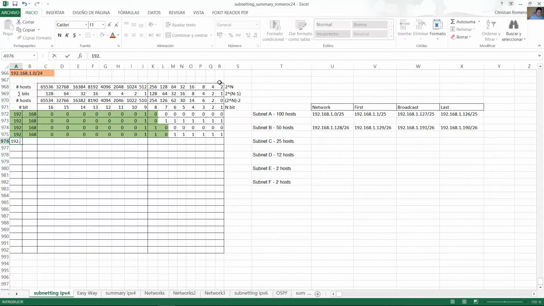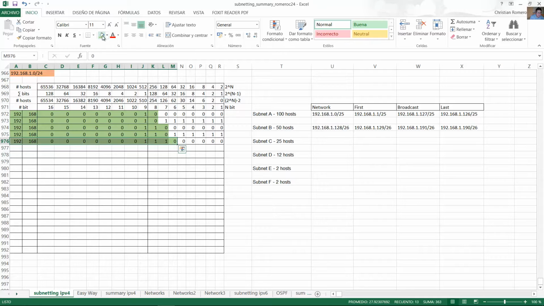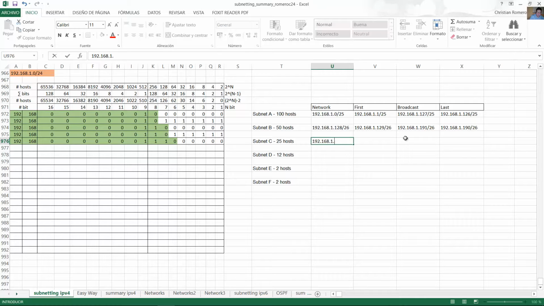Okay, the next number is 192.168.1, and the next number to this is 1 followed by zeros. 25 hosts here, and so this is the subnet mask, the network 192, subnet mask 24 plus 3, 27.